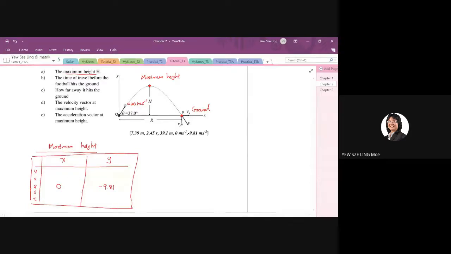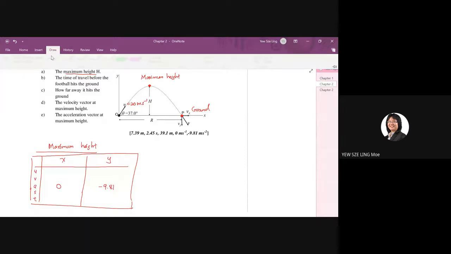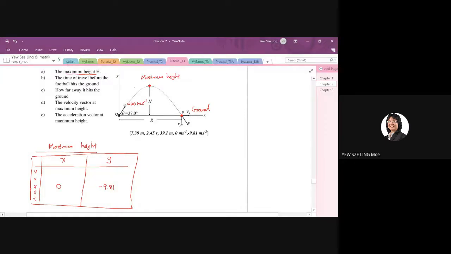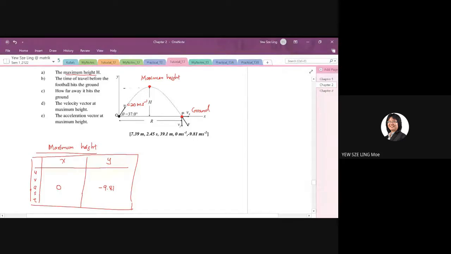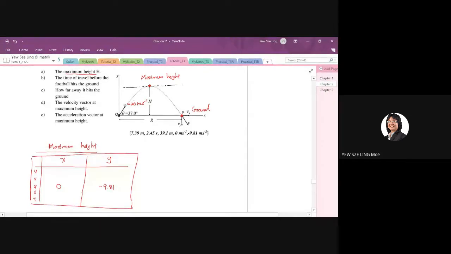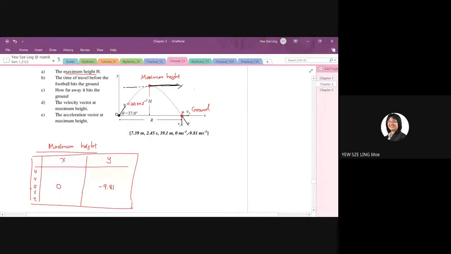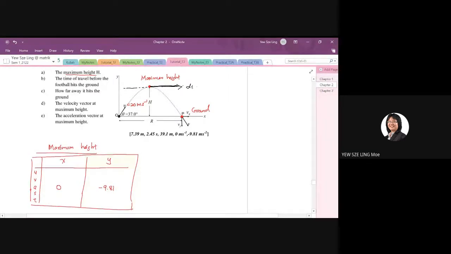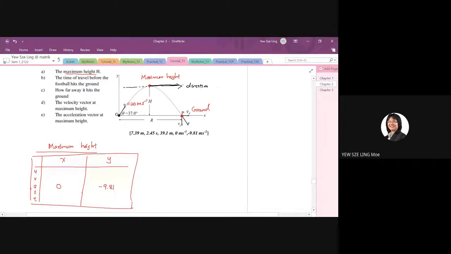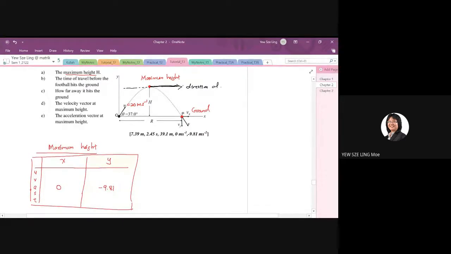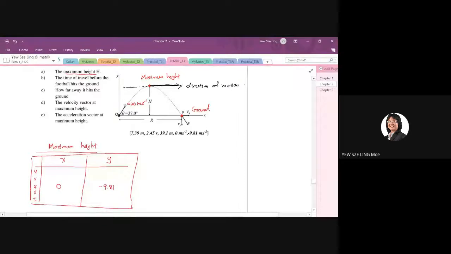If you look at the maximum height in the diagram, what happened there? If you draw a tangent at the maximum height, the tangent line tells you that at this point the direction of motion is actually to the right. Why is it so important to know the direction of motion?